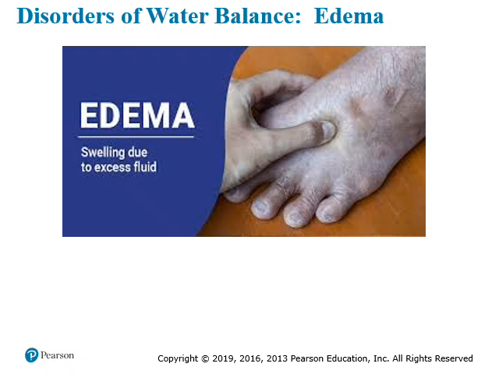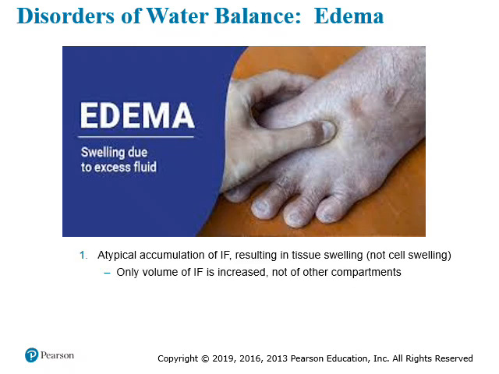So now we can look at edema. Edema is swelling itself, not only swelling of the cell, but swelling of an entire organ, due to excess fluid in that particular organ or structure. It is an atypical accumulation of interstitial fluid resulting in tissue swelling, not the cell swelling, but the tissue, meaning a group of cells.